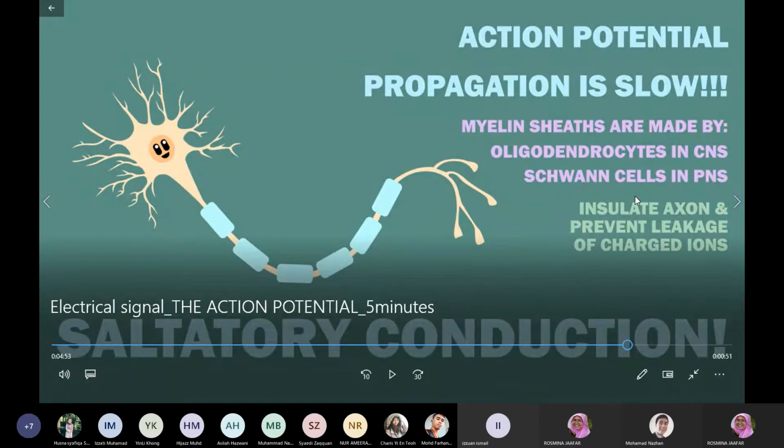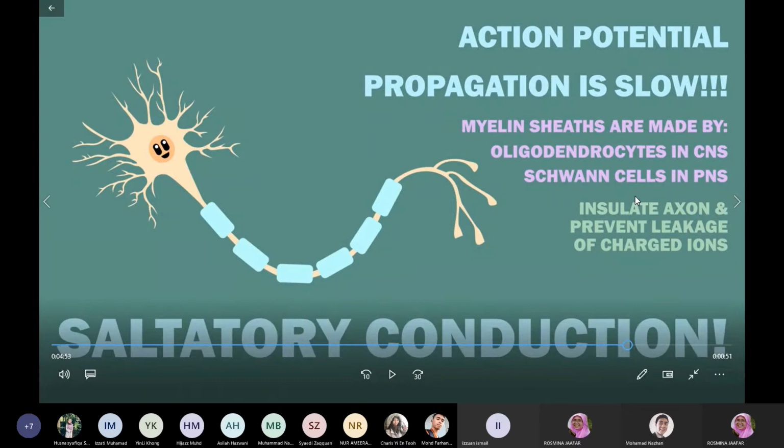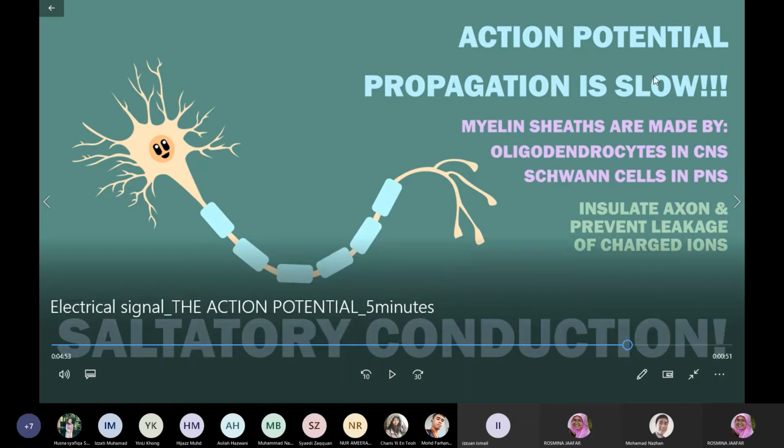The myelin sheath has two functions. One is to insulate, or to avoid leakage of charges from the inside of the cell to the outside, and it also allows saltatory conduction, because charges can move from point to point, so that it can jump.